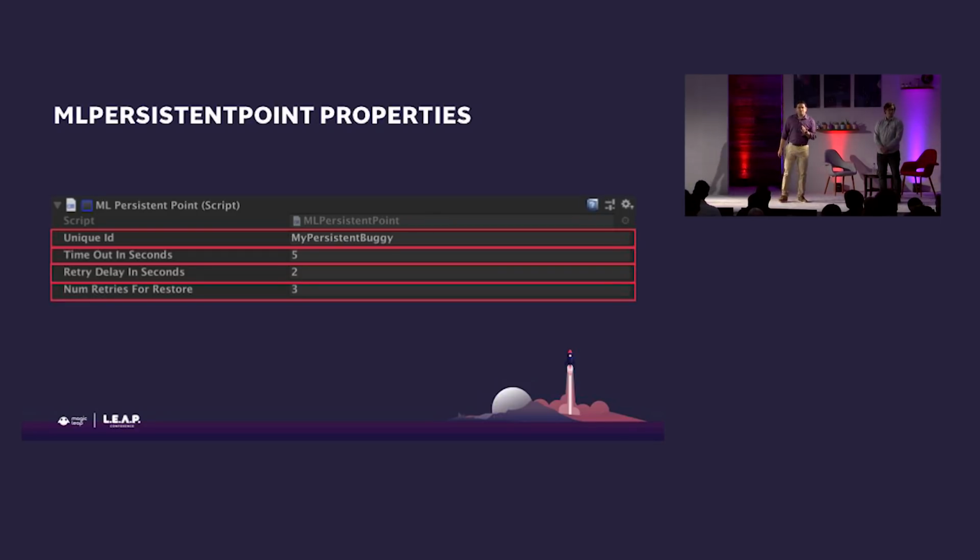The number of retries for restore, as the name suggests, is used during the restoration of your content and is the number of times we are going to try looking for a PCF that your content was previously associated with. And the retry delay in seconds is the amount of time that we wait between those retries. So pretty simple settings.